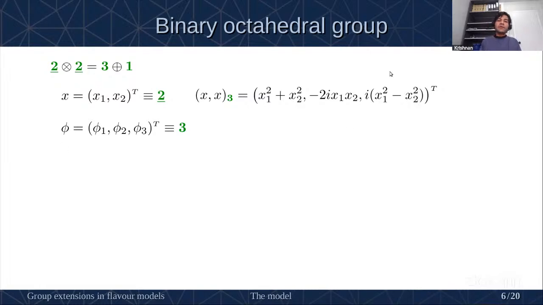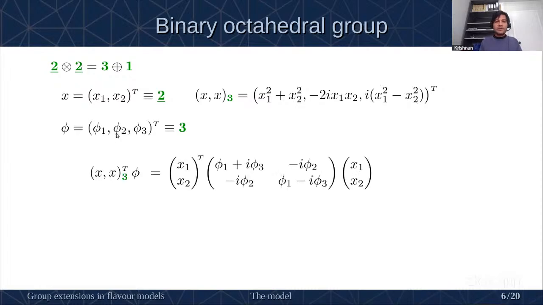And then I can couple this triplet with this other triplet and get an invariant. This is written here on the left side. So the triplet obtained from X doublets and phi, they couple together. And here I have written that in the matrix form. So again, I can just find the dot product of this with this and expand it. And that turns out to be exactly this.